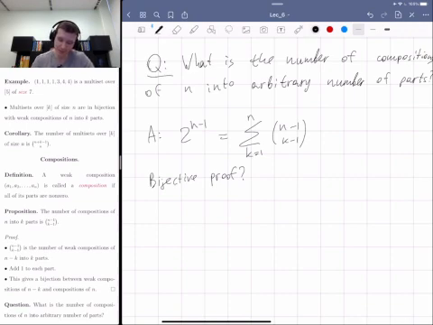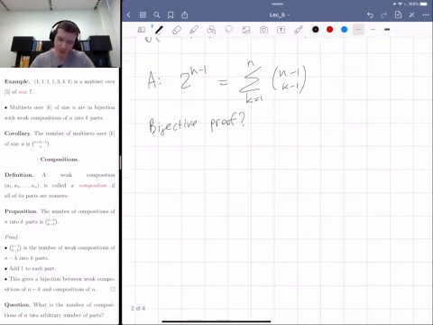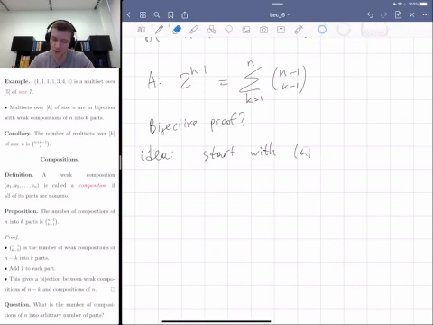Right, so I'm not going to be completely rigorous, but the idea is how do you construct a composition making a binary choice at each step? You start with a composition A1, which consists of one ball.